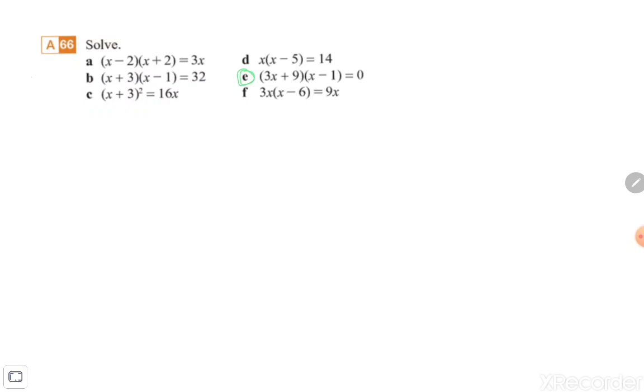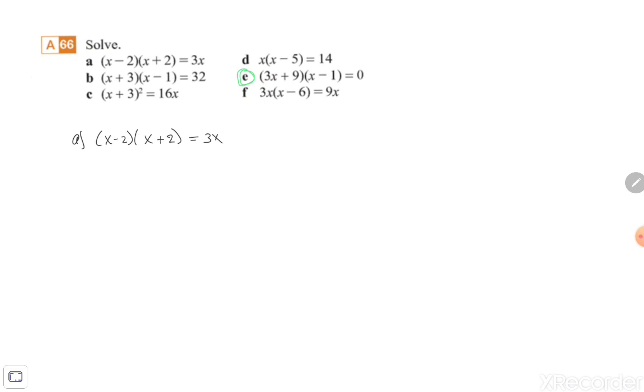So the first one, exercise A, you get (x minus 2) times (x plus 2) is equal to 3x. Now you need to multiply out the brackets. It's a remarkable product, you see. So you can also say that's immediately x squared minus 4.